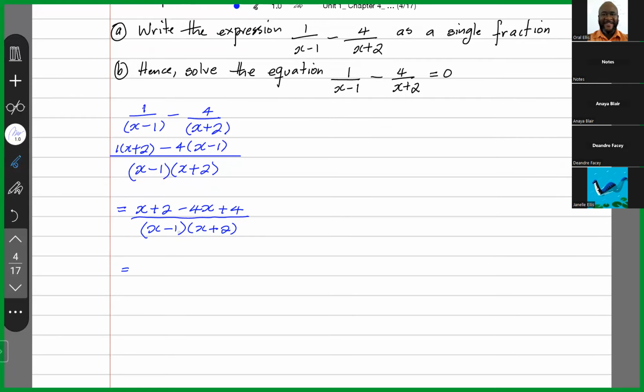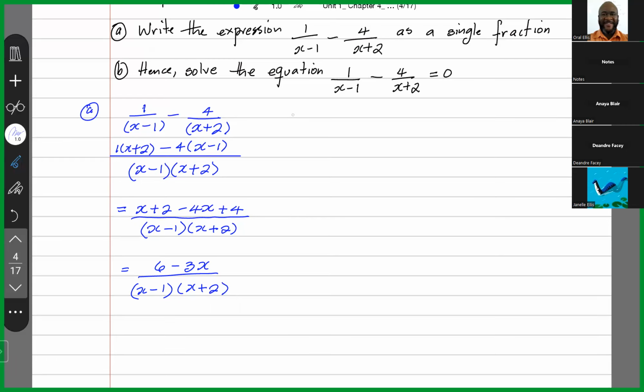Further simplifying, we have what? 2 plus 4 is 6, and x minus 4x is minus 3x. And this is over x minus 1 times x plus 2. So part A asked us to write the expression as a single fraction, which we did. So 1 over x minus 1 minus 4 over x plus 2 as a single fraction is 6 minus 3x over x minus 1 multiplied by x plus 2.